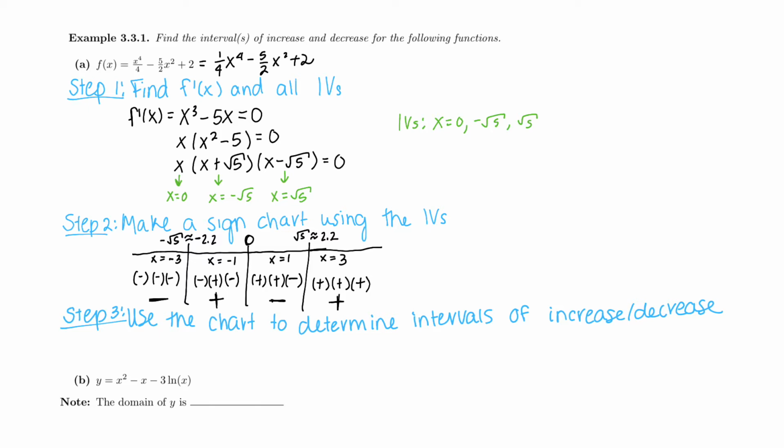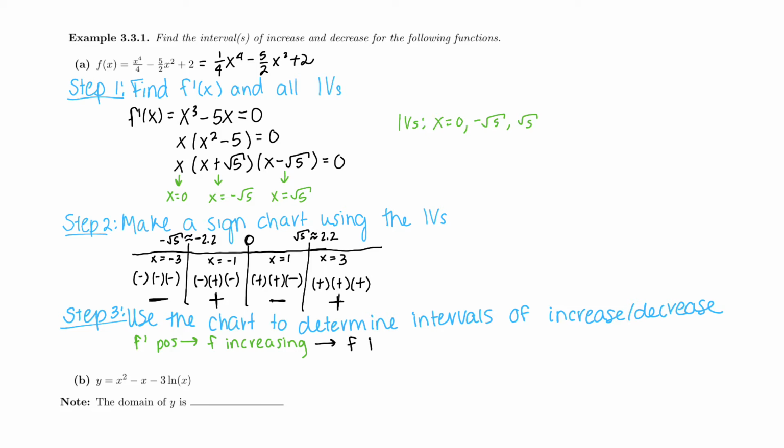So remembering what I had said before, these right here are representing the derivative. This is representing whether the derivative is positive or negative. So if f prime is positive, that means that f is increasing, right? If the derivative is positive, the original is increasing.